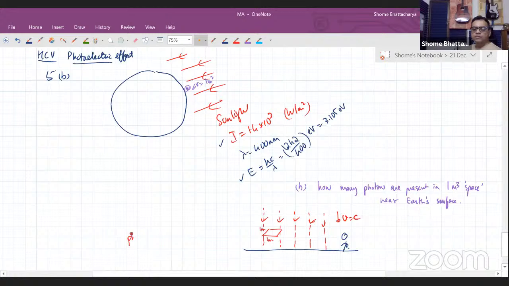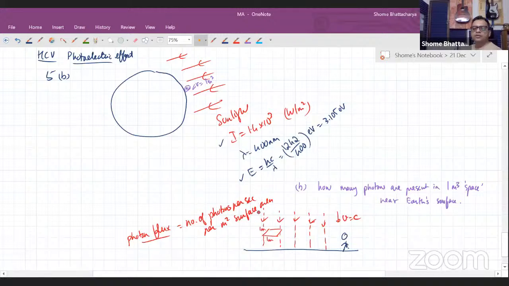So the photon flux, that is the number of photons per second per meter square surface area that are falling, you already calculated. Let's say that photon flux is n, that is equal to what?